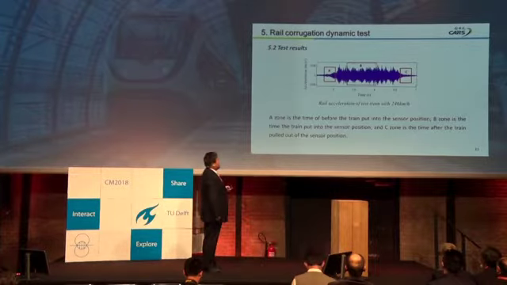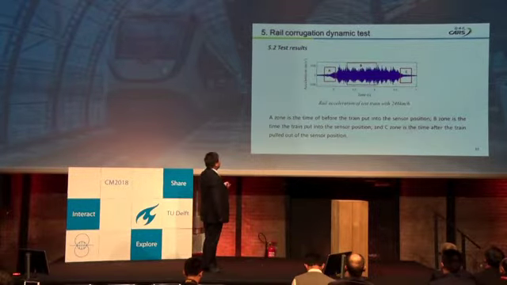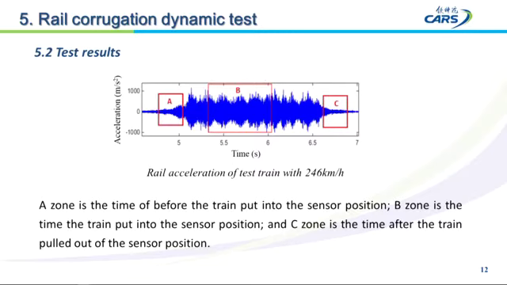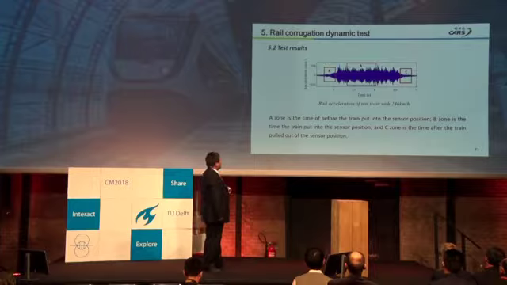We can divide this time-domain figure into 3 parts. Zone A is the time before the train reaches the sensors, B is the time when the train is at the sensor position, and C is after the train has passed.